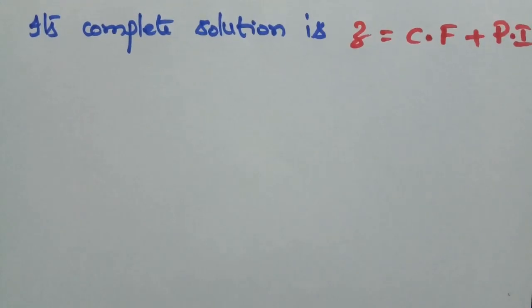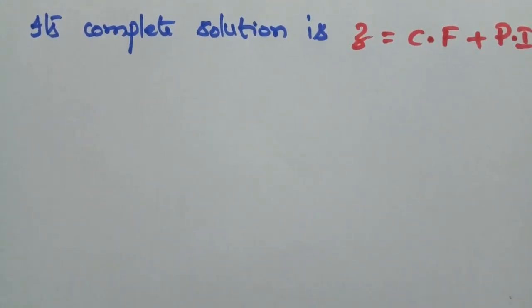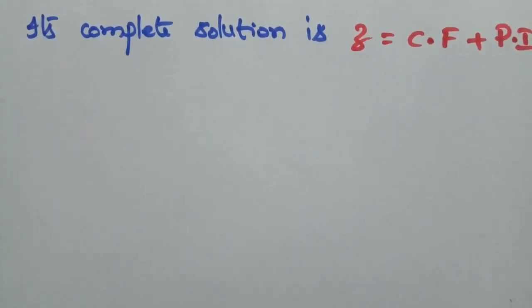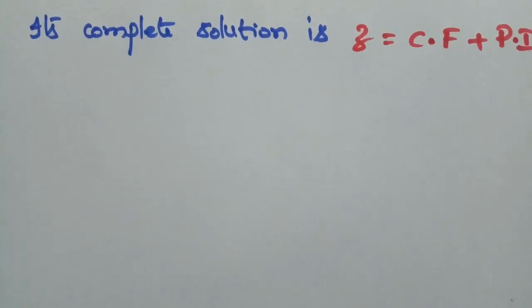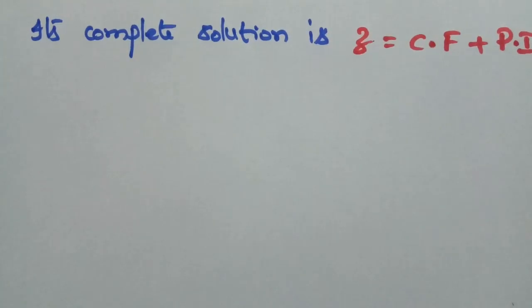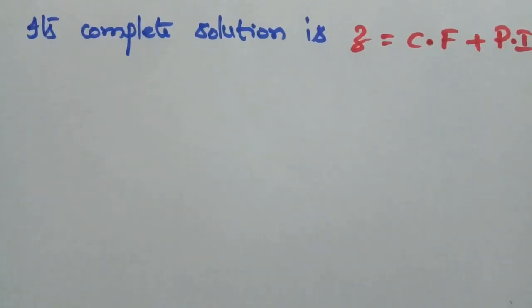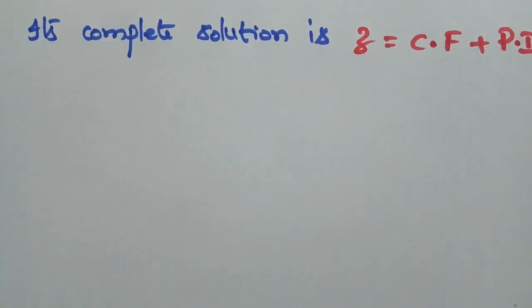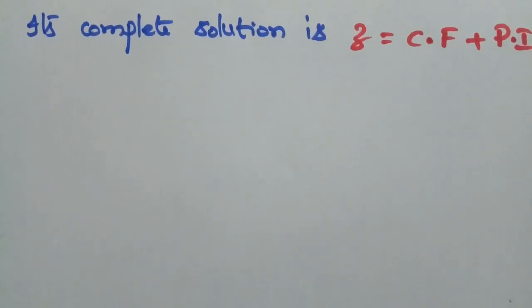So in the non-homogeneous linear partial differential equation of higher order also, the complete solution must have two parts. One is the complementary function and the other is a particular integral.